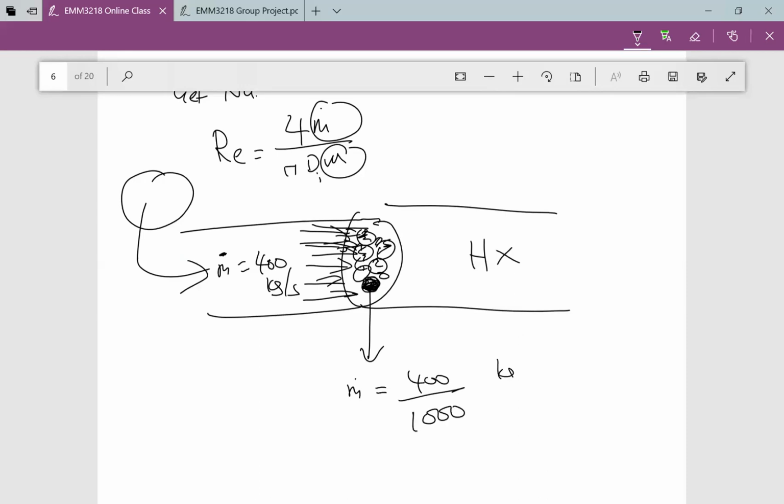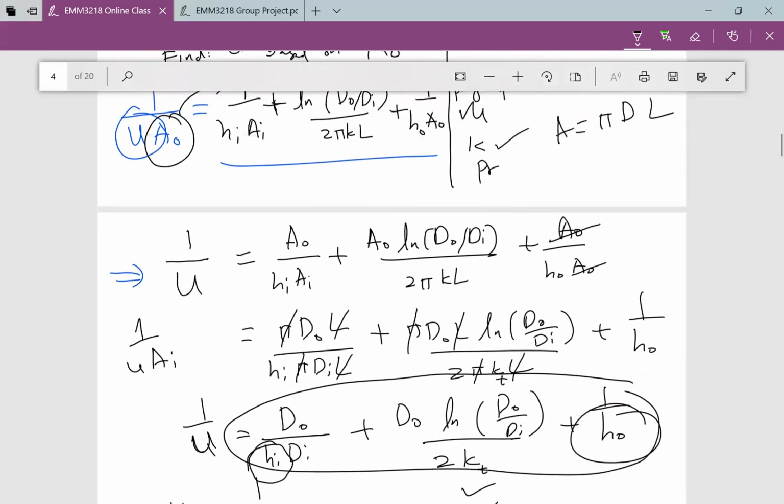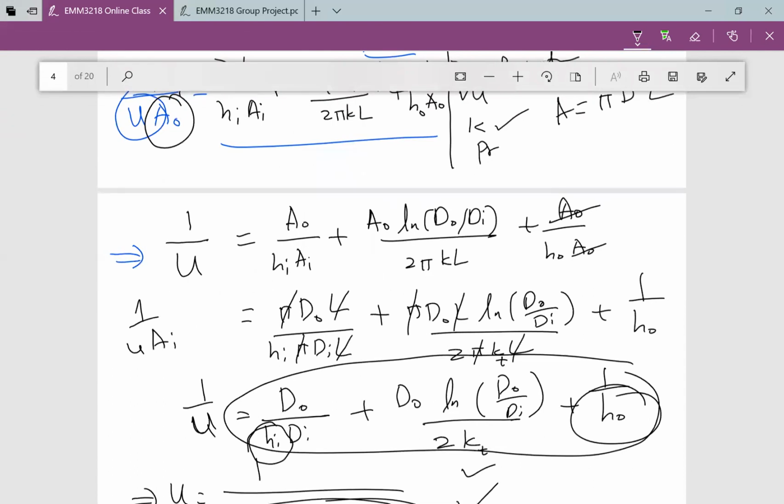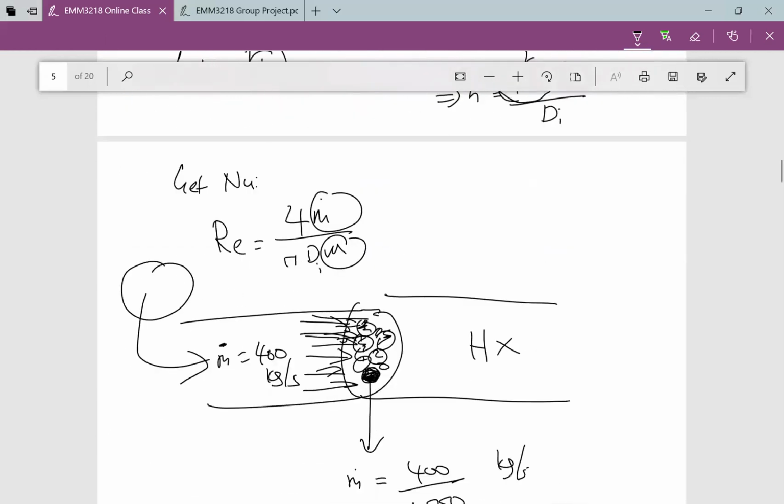Okay, that is the net mass flow rate for one tube. And we do that because in our analysis, we consider one tube only in our equation, right? This is only the equation for one tube, one inner, one thickness, and one outer flow. Okay, so that's how you do it.